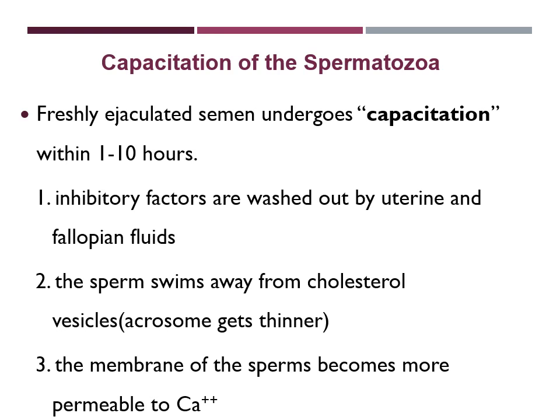Second, the sperm will swim away from cholesterol vesicles that cover the acrosome in the head of the sperm, so the acrosome gets thinner. Third, the membrane of the sperm becomes more permeable to calcium ions, which is necessary for the fertilizing the ovum process.